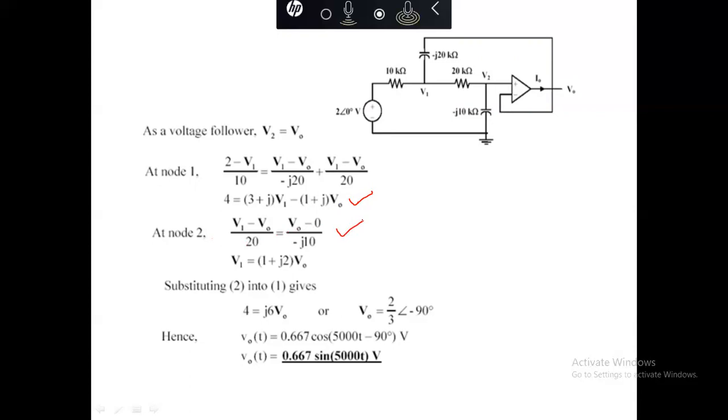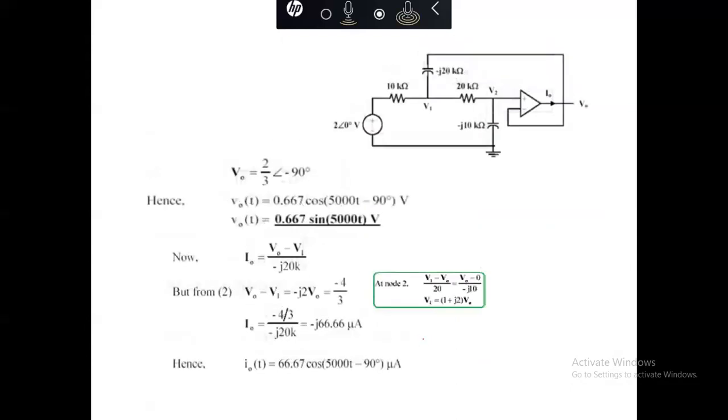Simplifying these two equations, we will get the value of Vout equal to 2 by 3 at the angle of minus 90 degrees, or we can write it in the form of time domain. So again, we have the value of Vout, and the value of current is, as we know, the current (V1 minus Vout) by j20K.